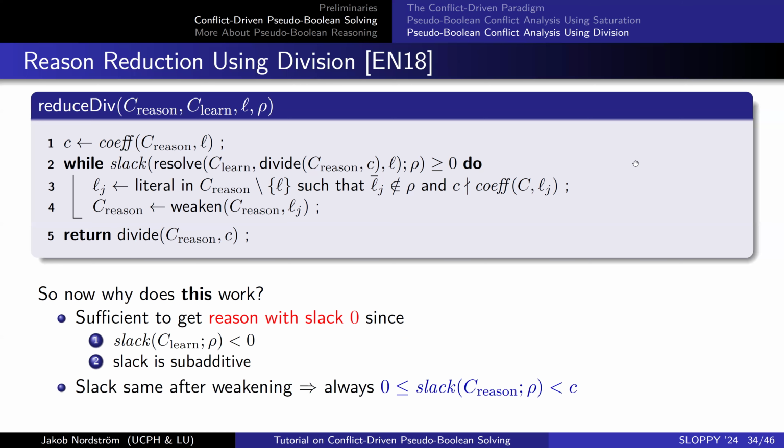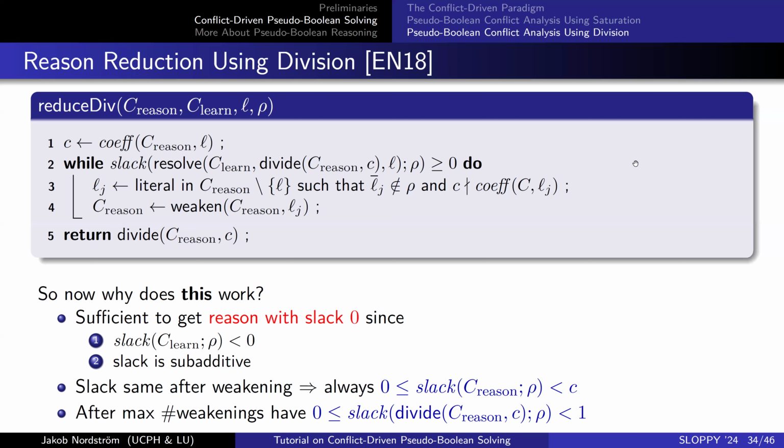And again, the slack doesn't change after weakening. So it always holds for the reason side constraint that the slack is non-negative because we don't already have a conflict. And the slack is strictly smaller than C because L is propagating, right? L wouldn't be propagating if the slack was C or larger. So we know that the slack is strictly smaller than C.